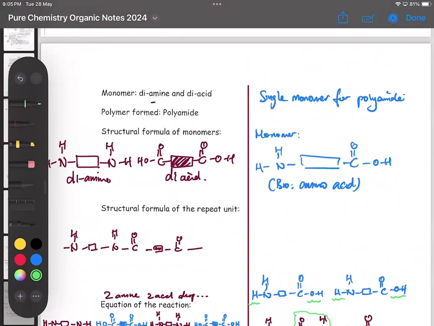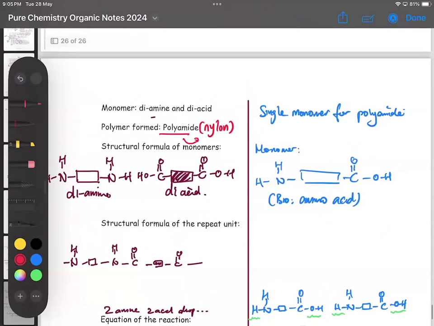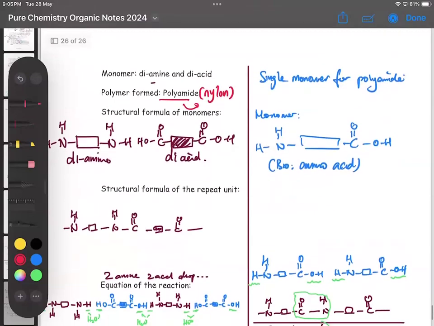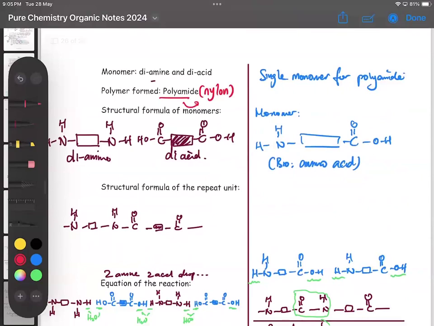I'll give you a commercial name for these substances, because sometimes they ask us for nylon. Polyamides are nylon. So when they ask you for structure of nylon, it's actually structure of polyamide. Nylon you might have heard before, fabric and everything.